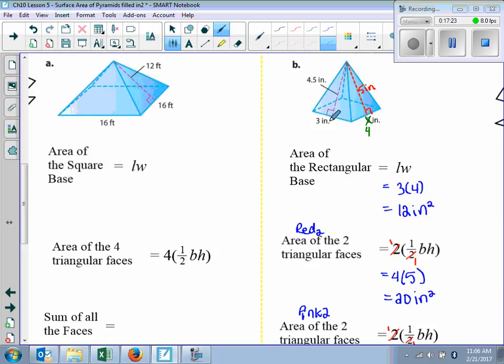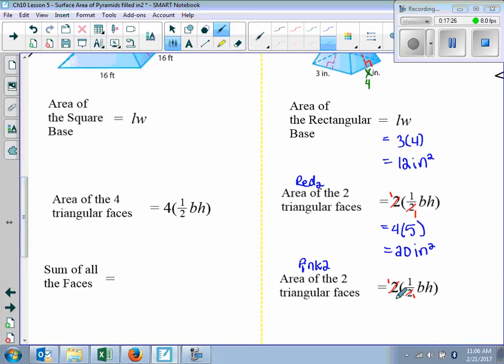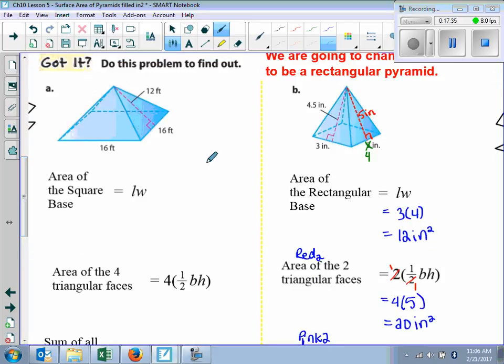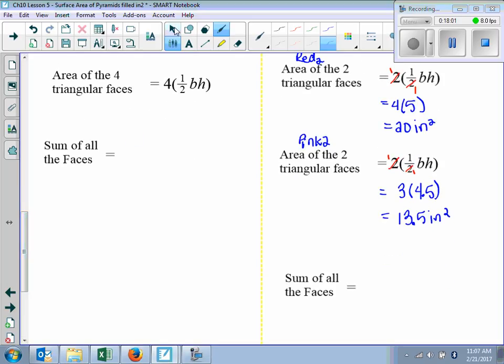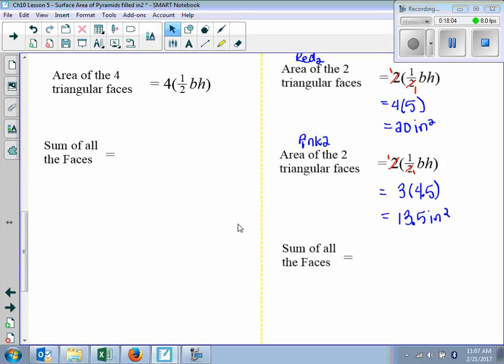So the base of that triangle is 3, and the height of both of those triangles is 4.5. Very good. The area of those two triangles is 13.5 inches squared. Clear?